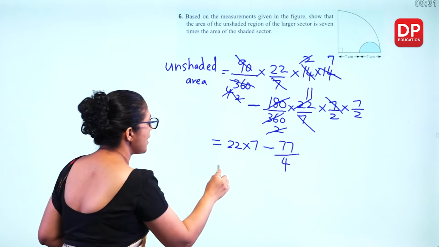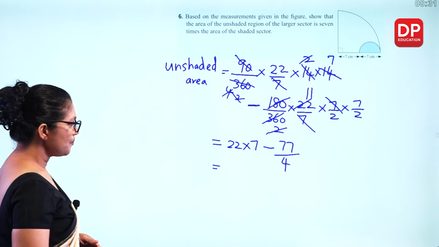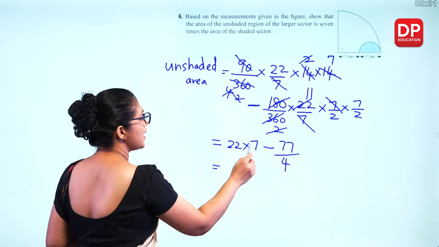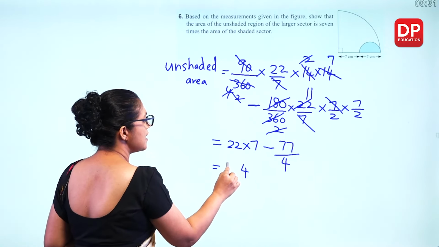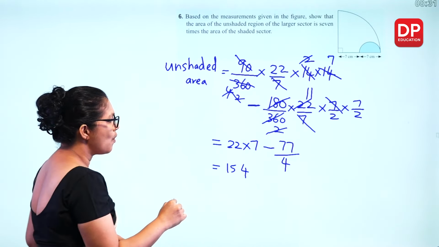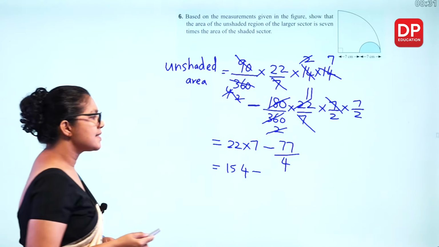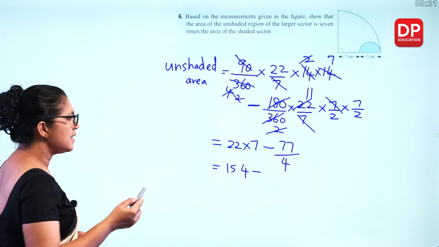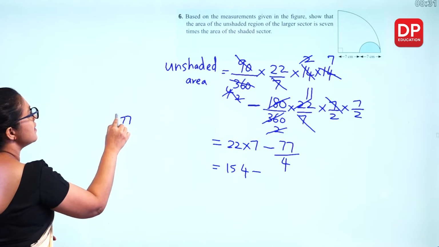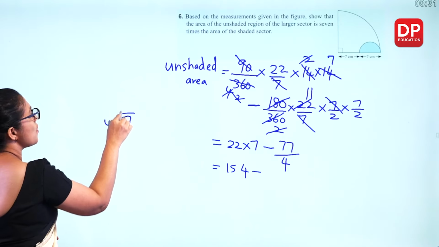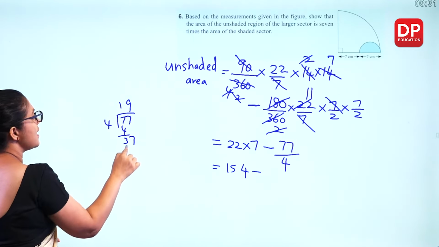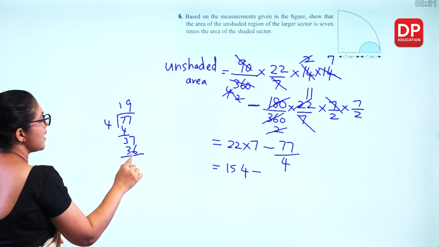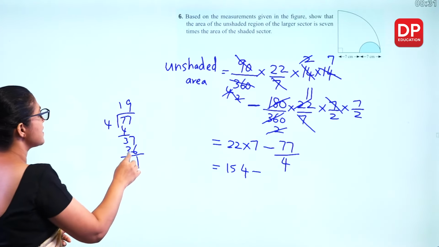So when you subtract, what do you get? Here I can first multiply 7 times 2, 14, 1 remaining. You get 154 minus 77 over 4 as a decimal. So I can divide 4 times 1, 4, 3 remaining, 37, 4 times 9, 36.